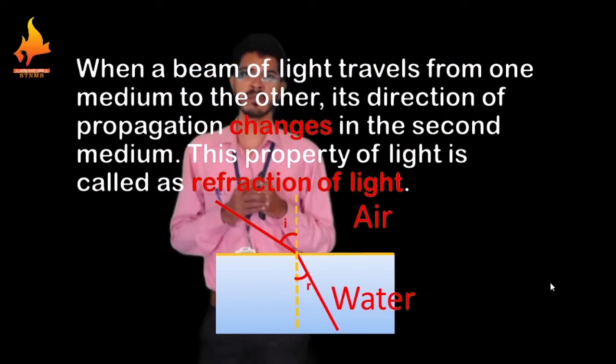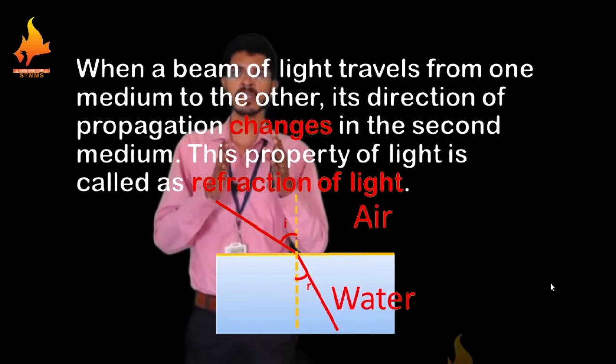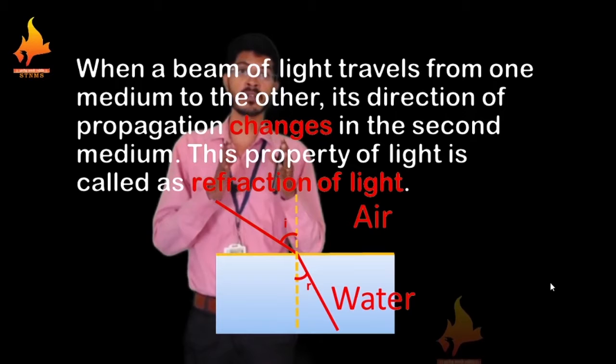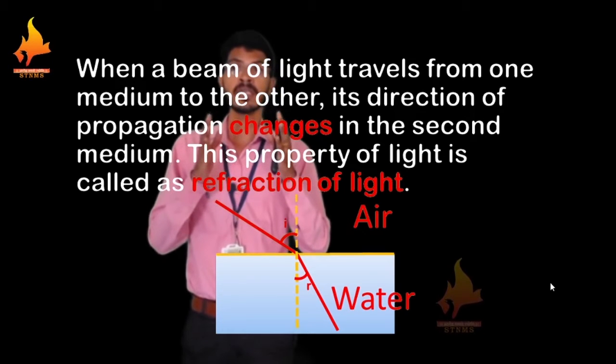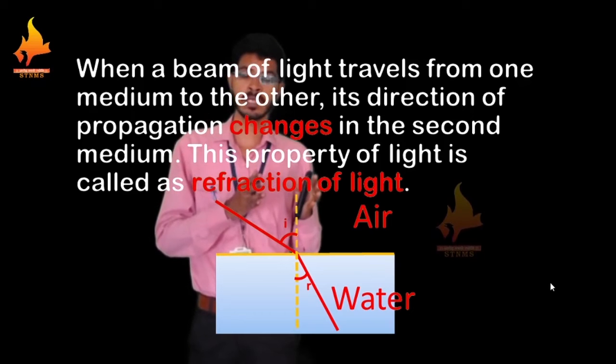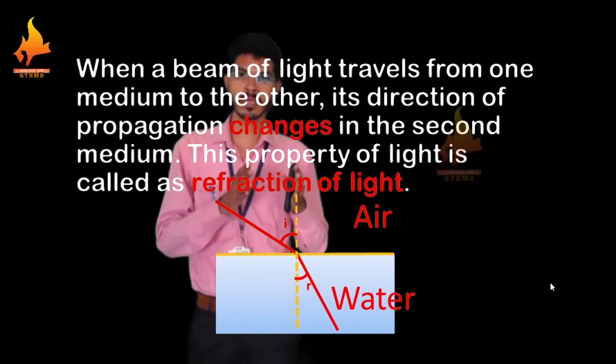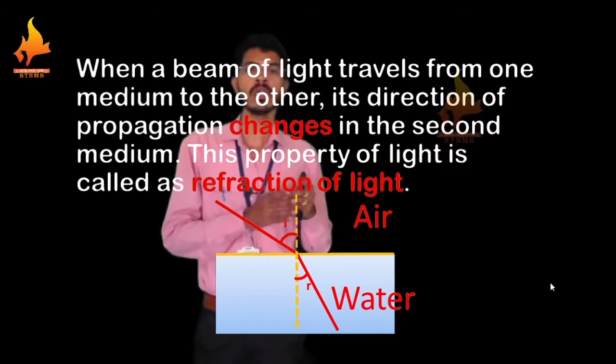What do you mean by a rarer media? We have been learning since our third or fourth class that the particles in the air are very loosely arranged when compared to the water, and the particles in the water are loosely arranged when compared to the solid.